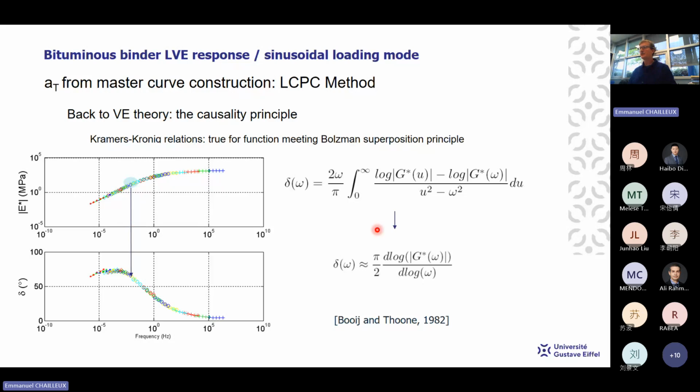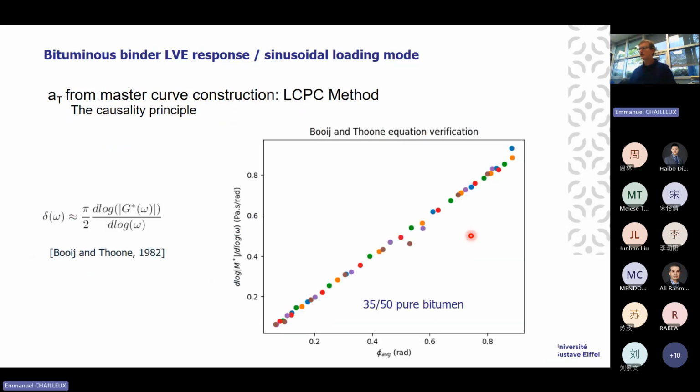We can verify, and I invite you to verify on your linear viscoelastic data, that it works very well, and if it doesn't work, it means that perhaps you have a problem with your measurement. So here I put the derivative of the log of the norm of complex modulus according to the phase angle, and you see that we have a line.